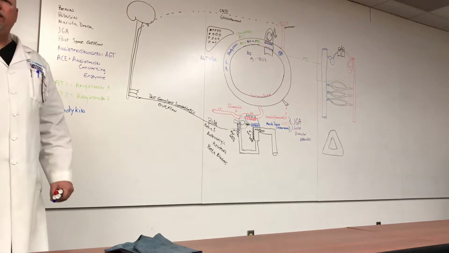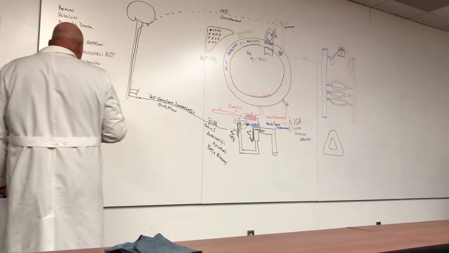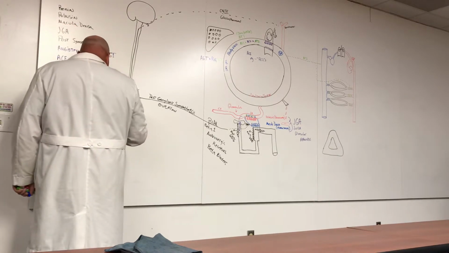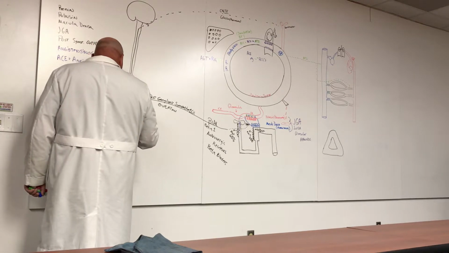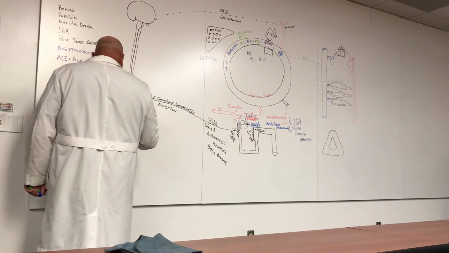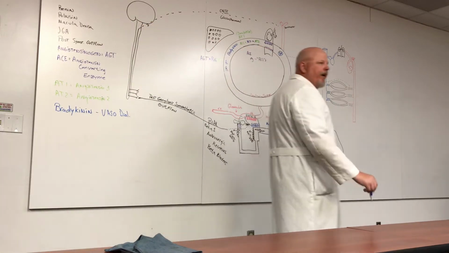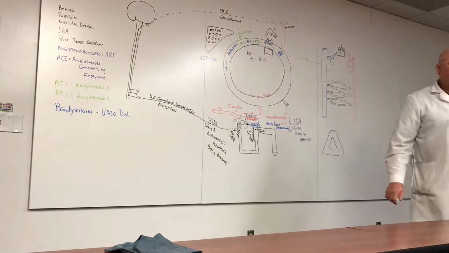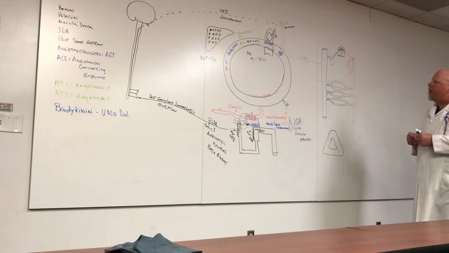Bradykinin is a very powerful vasodilator. Okay, so ACE deactivates bradykinin. It deactivates bradykinin.